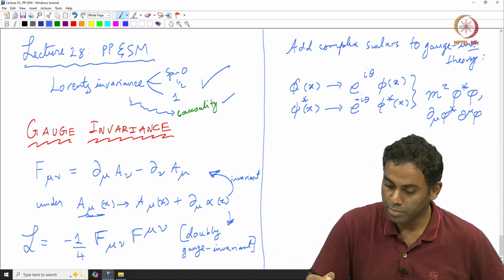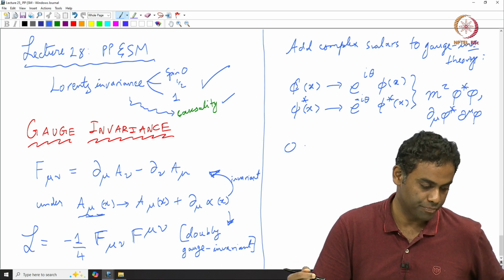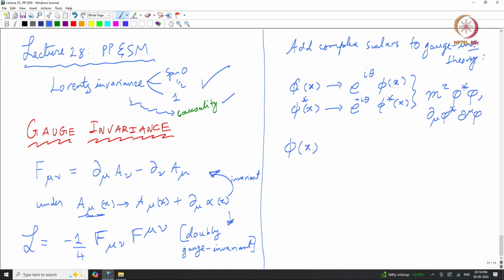So, that means I need to look for, I am going to switch variables slightly, a theory where the rephasing happens locally at every point in space time. I need to pick up a different phase. That is what gauge invariance means. So, here also see the gauge actually was a function of the space time point itself, right, the space time label.